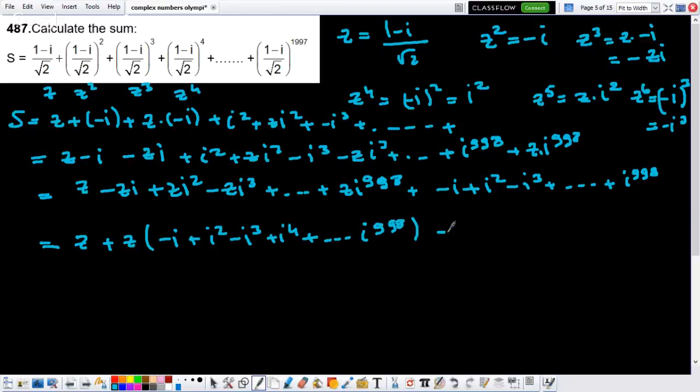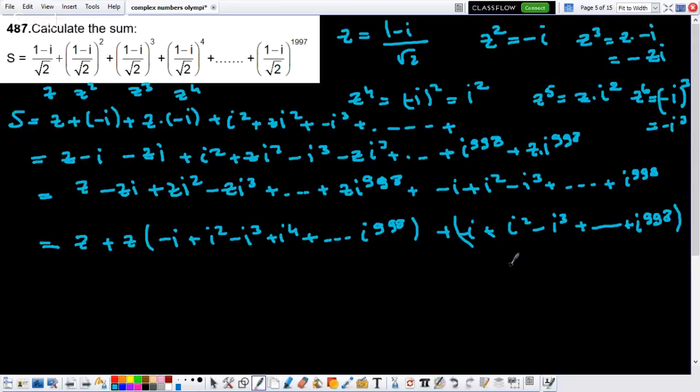Then here the term is also minus i, in parentheses I'm going to write minus i plus i square minus i cube, and that's going to continue till i to the power of 998.